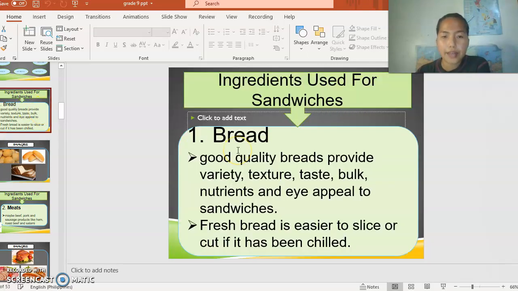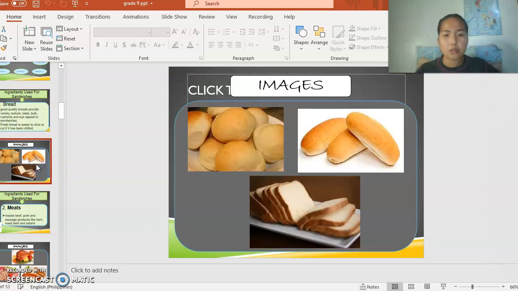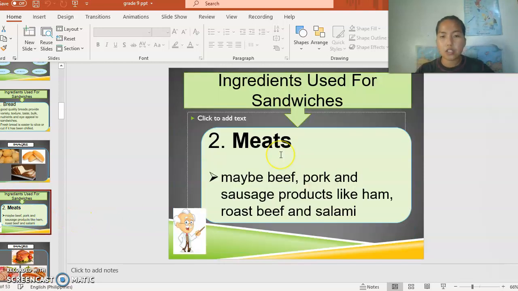We have here bread. Okay, the bread is good quality breads, provide variety and texture appeal to sandwiches. So, examples of bread are sliced bread, bun. Okay, fresh bread is easier to slice or cut if it is being chilled. So, next, we also have meat.